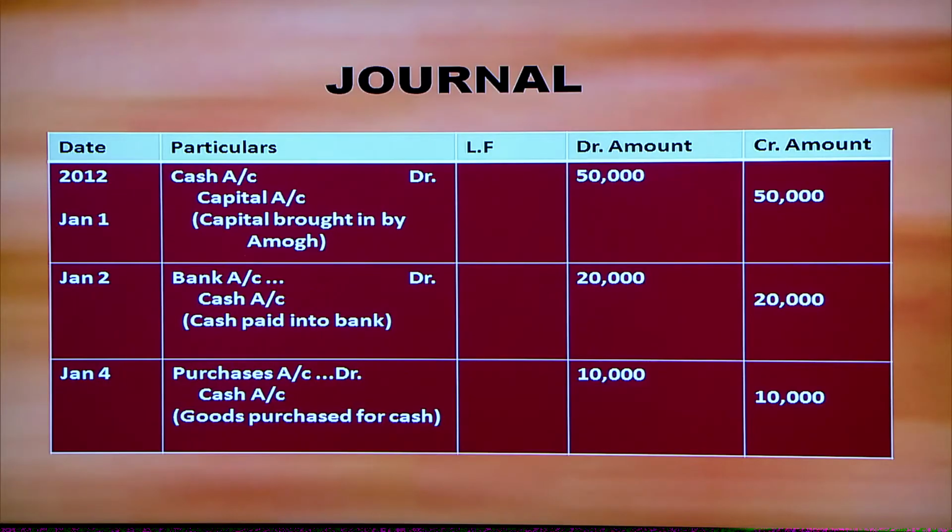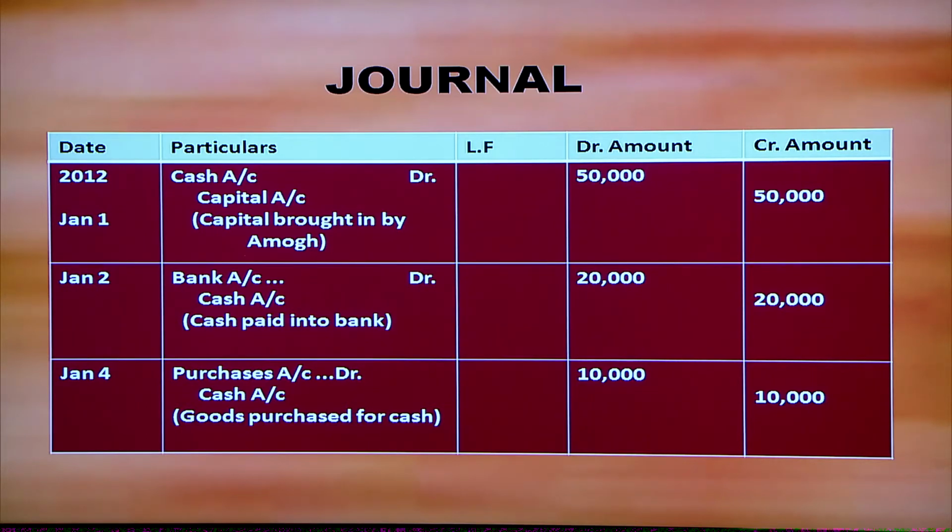When you are writing this in the form of journal, you have to fill all the date column, particulars column, ledger folio column, debit amount column and credit amount column. Now you have identified which are the accounts and you know the rule. Now we can directly write in the journal.